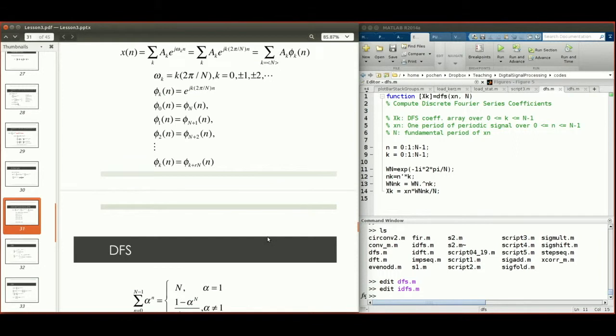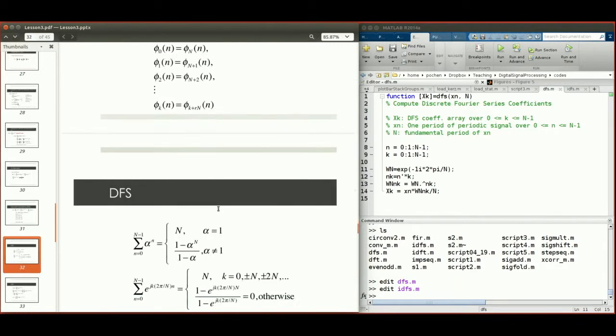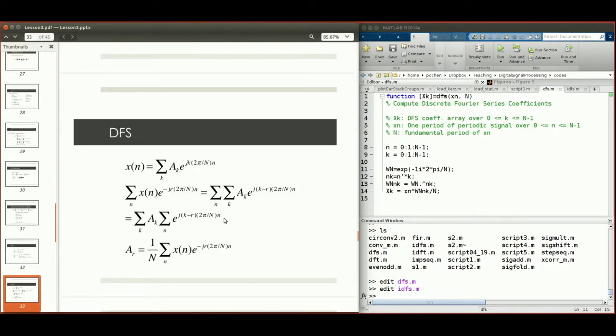And now we can try to figure out what ak is.